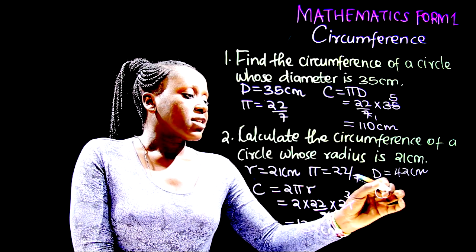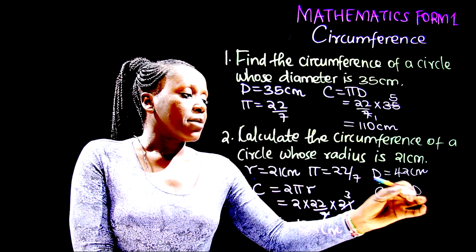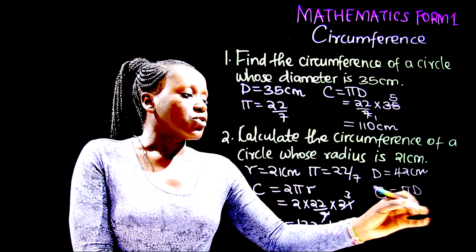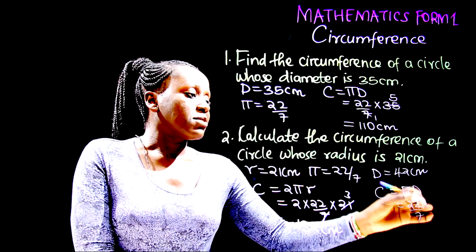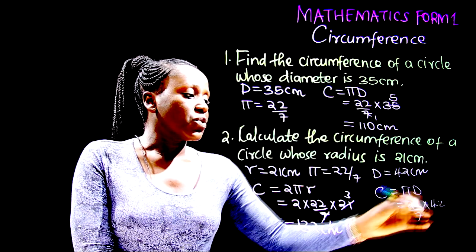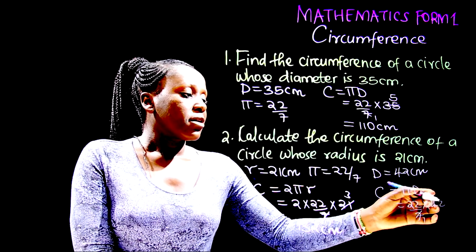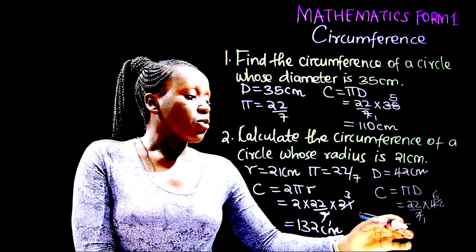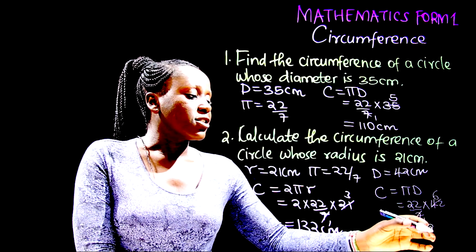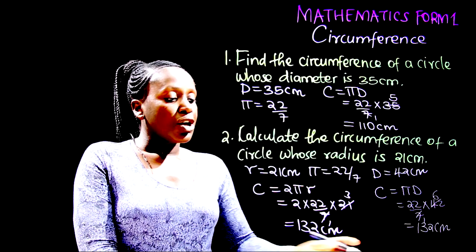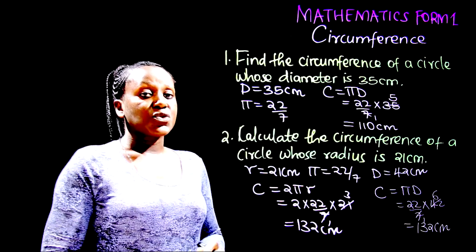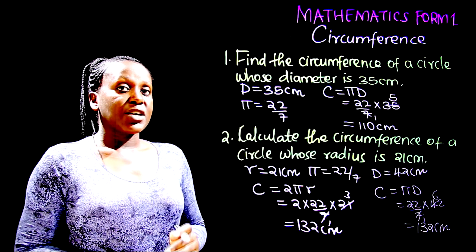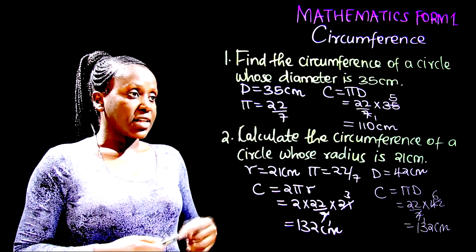So circumference is equal to pi d, which is 22/7 times the diameter, 42. By 7, 1, by 7, 6. 22 times 6 is equal to 132 centimeters. So no matter which route you decide to take, you will land on the same answer.